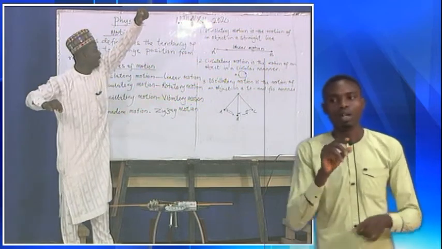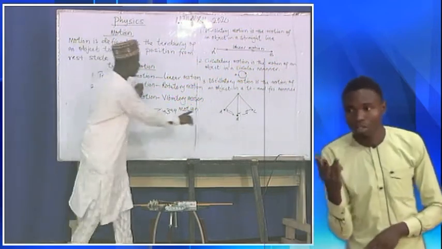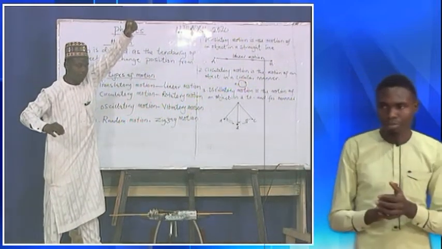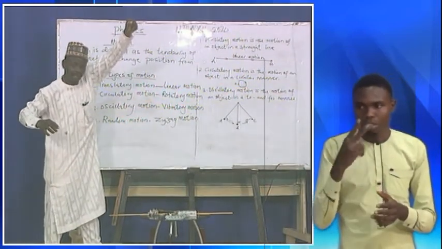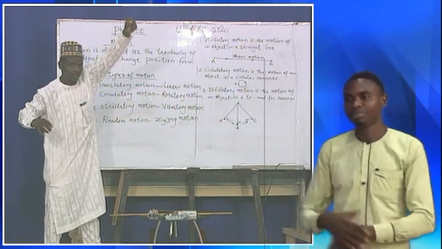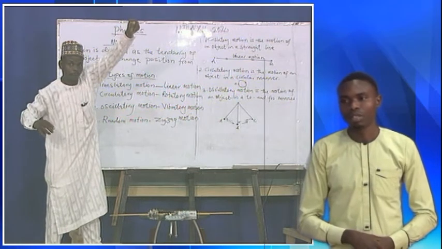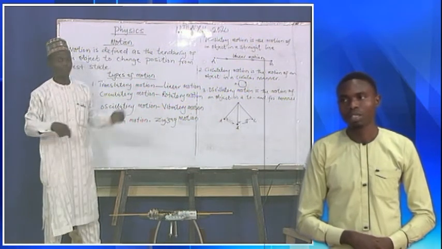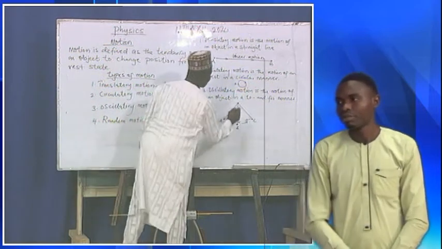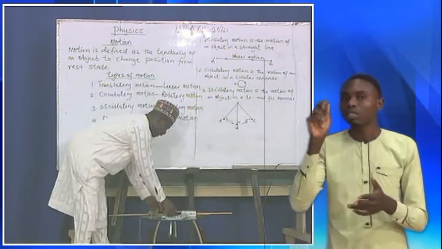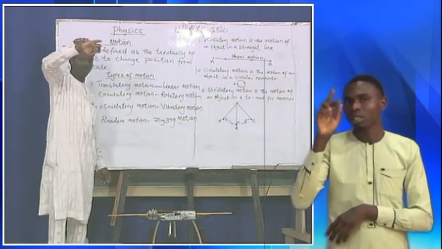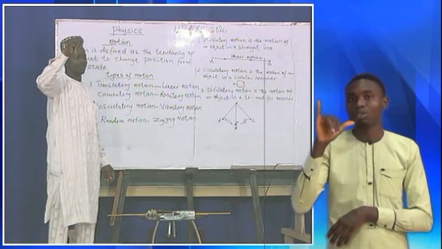But let's say this is position A. I'm releasing this to go to position B and C, and then coming back to position A. Go to and fro motion of an object. This is an example of what? Oscillatory motion.